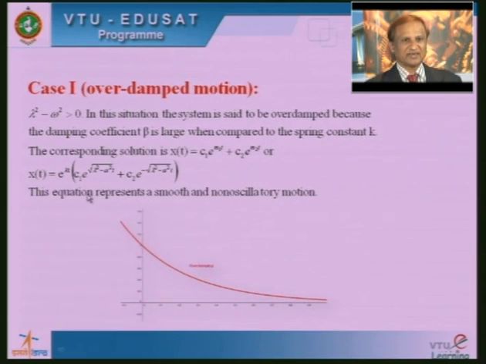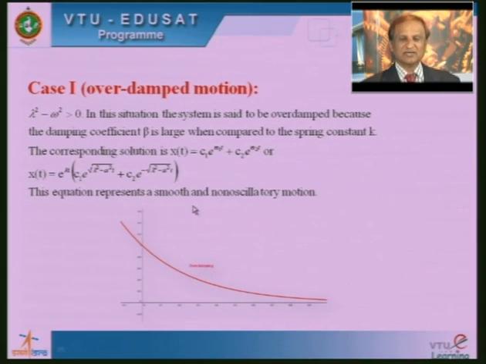According to this, I can write the solution in this form: c1 into e to the power square root of lambda square minus omega square into t, plus c2 into e to the power minus square root of lambda square minus omega square into t. So, the roots are real and distinct.